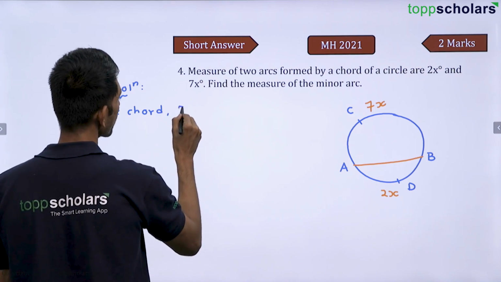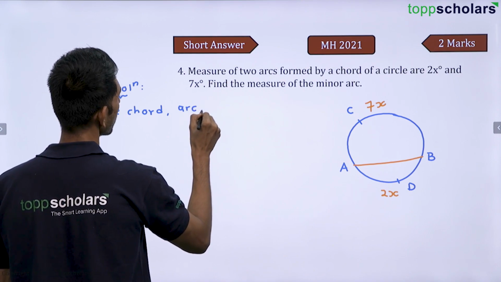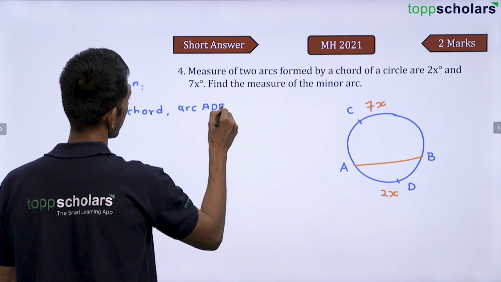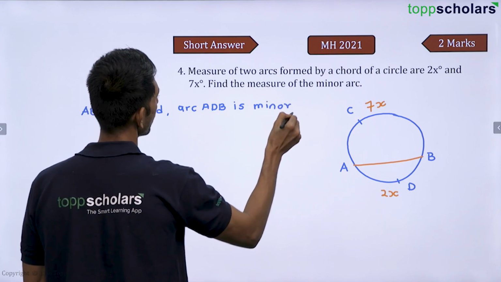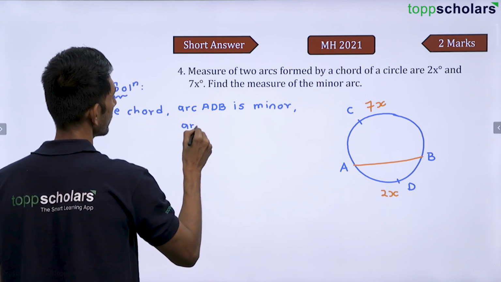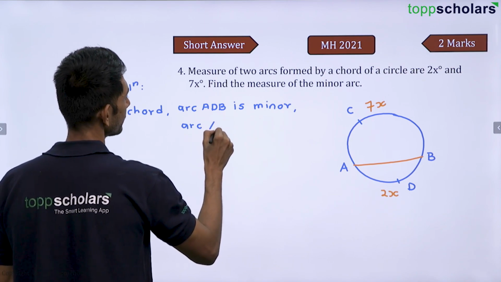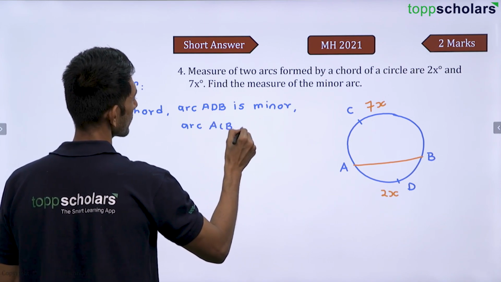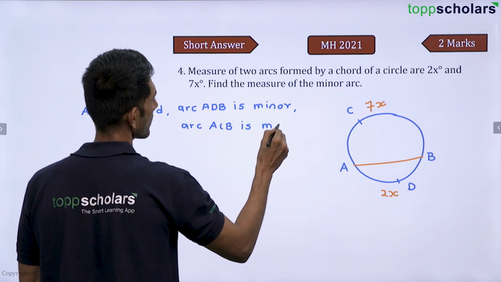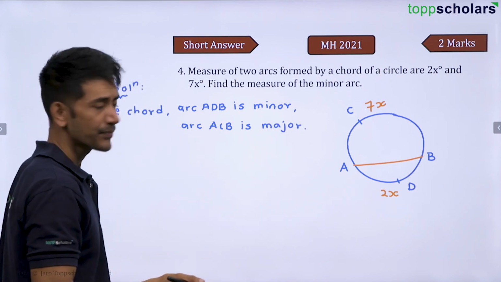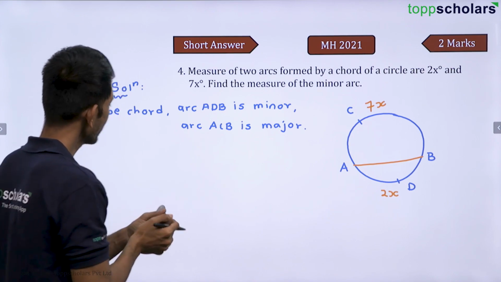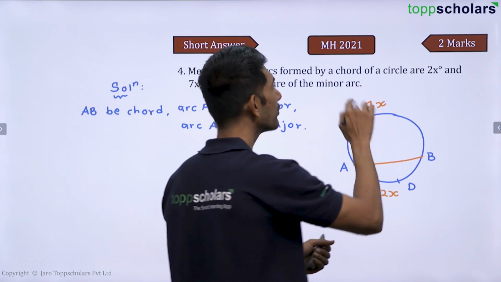Arc ADB is minor and arc ACB is major, right? Now tell me one thing, what will happen if I add both the arcs?